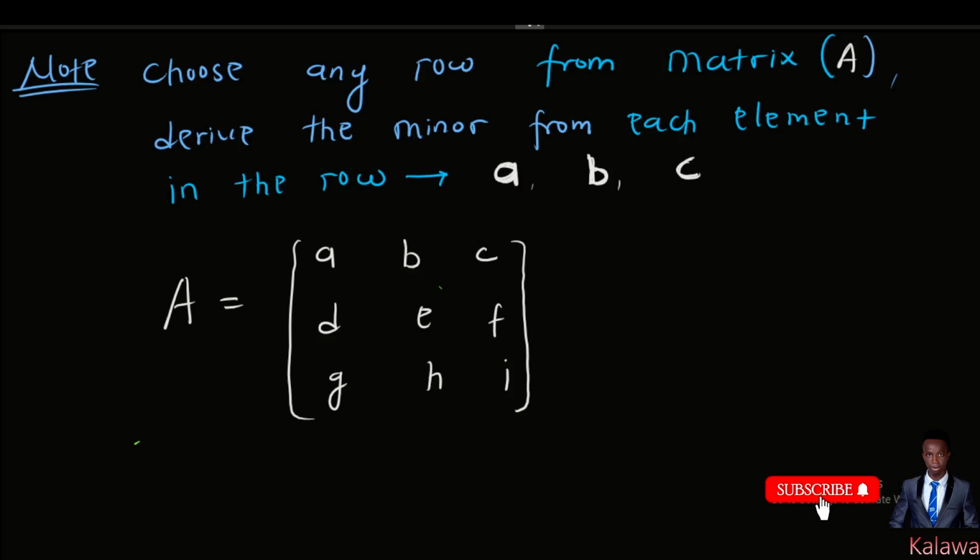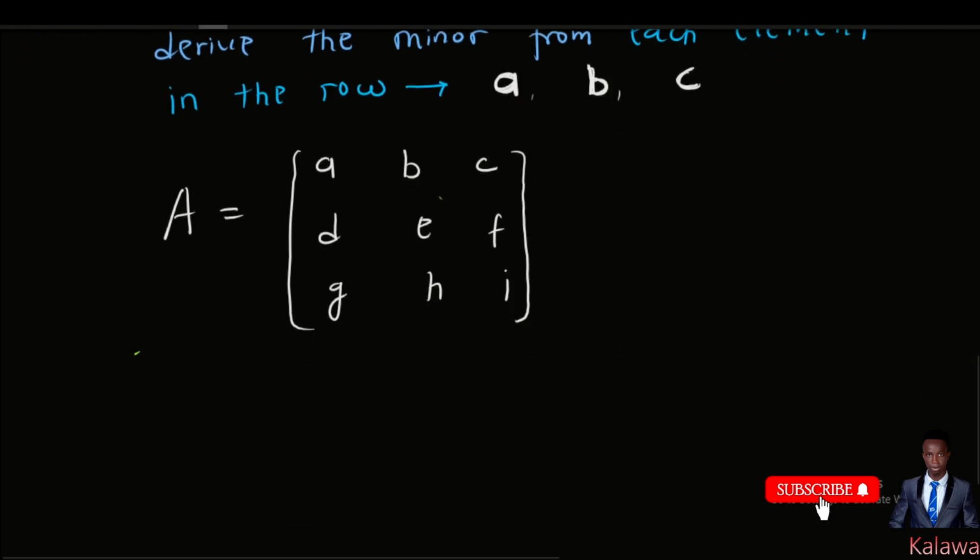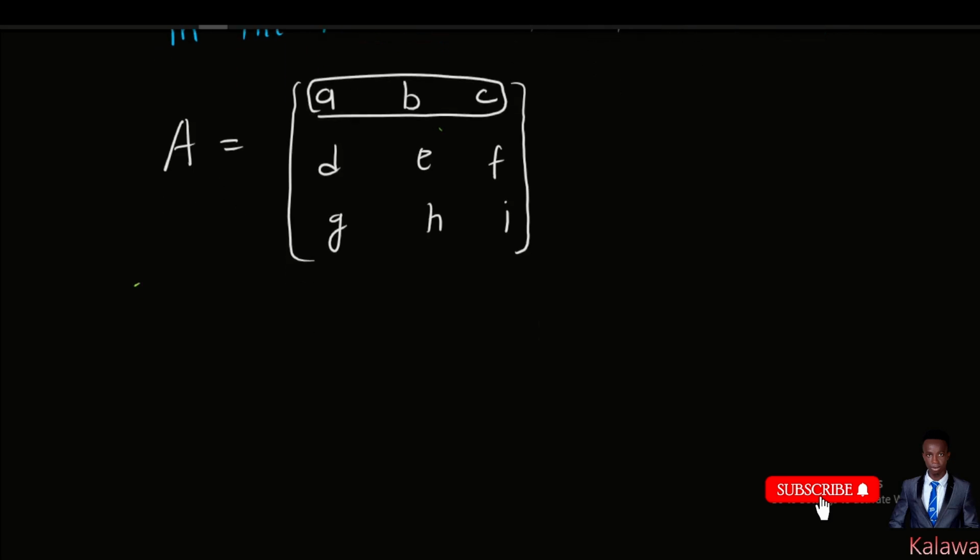For me, I'll go with the first row, A, B, and C. So I'm going to find the minors for these, remembering the minor sign. If I'm going to find the minor for A, let me take A out. Remember, in our previous video, we covered determining the determinant of a 3x3 matrix.